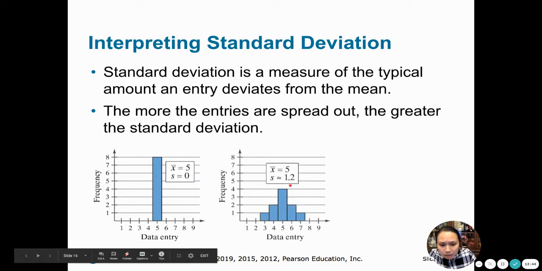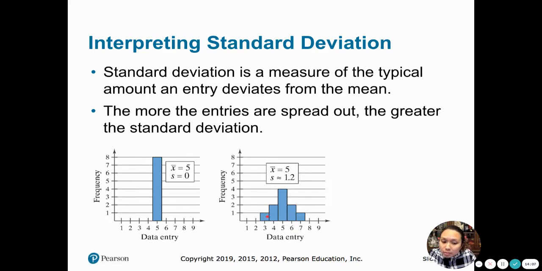The second table here, we see that not all 8 entries are at 5 this time. We have about 4 entries at 5. There are 2 entries at both 4 and 6, and then we have 1 entry at 3 and 7. So as we can see here, we have more entries that are further away from the mean. And so because of that, our standard deviation is about 1.2.